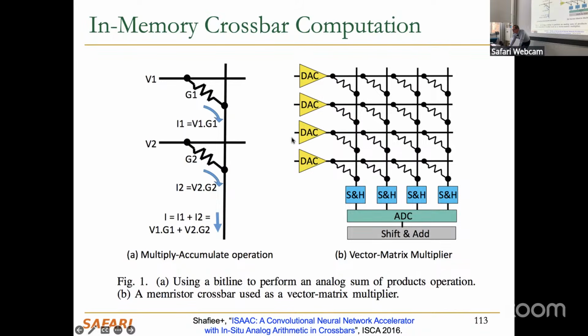So V1, V2, V3, V4 will be multiplied by G1, G2, G3, G4 in the first column, and also with G1, G2, G3, G4 in the second column, and also with the next column, and also with the next column. So every column, every bit line will have the analog value of this multiplication. Okay, that's the idea. This sounds good, right?